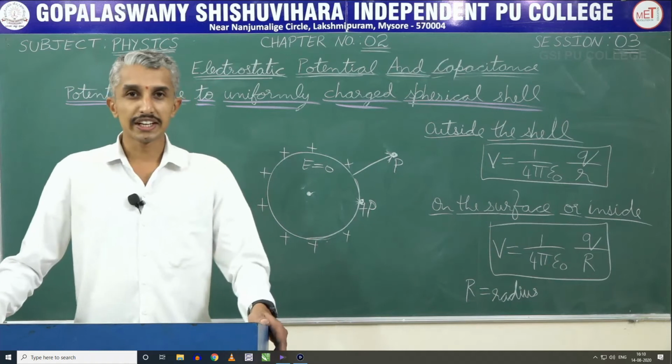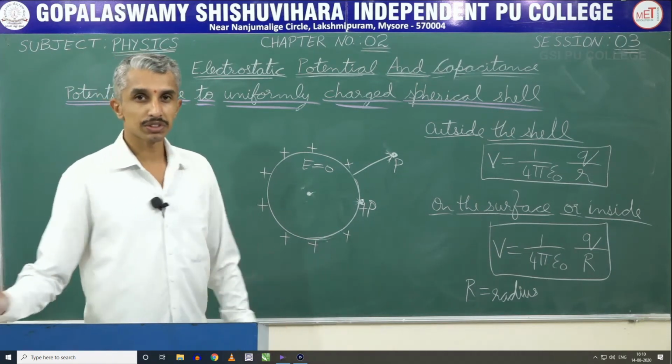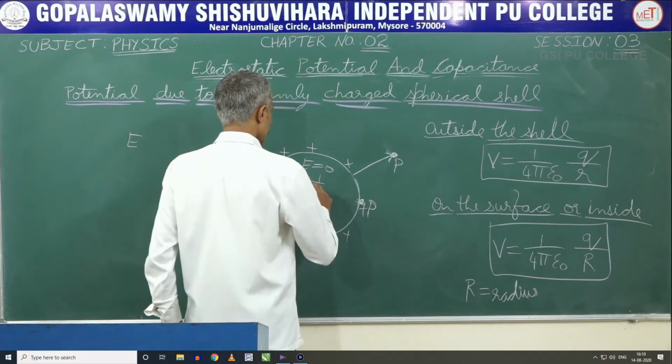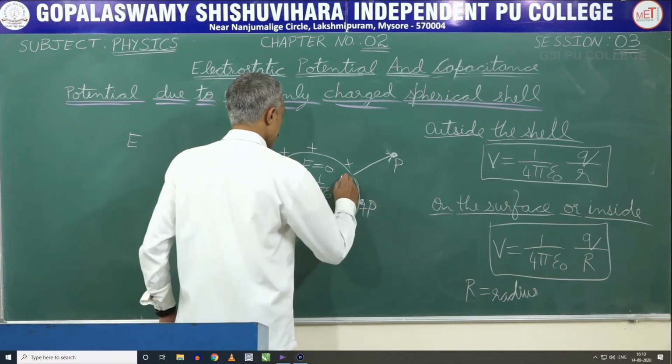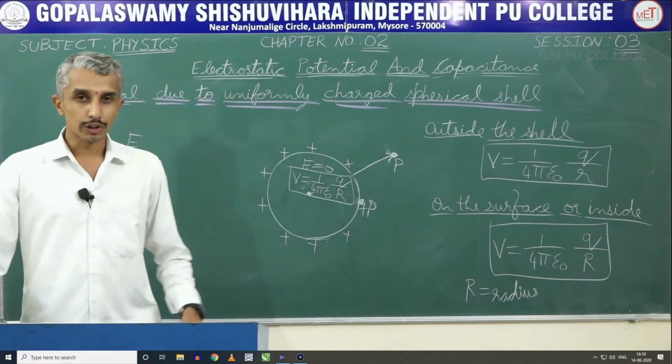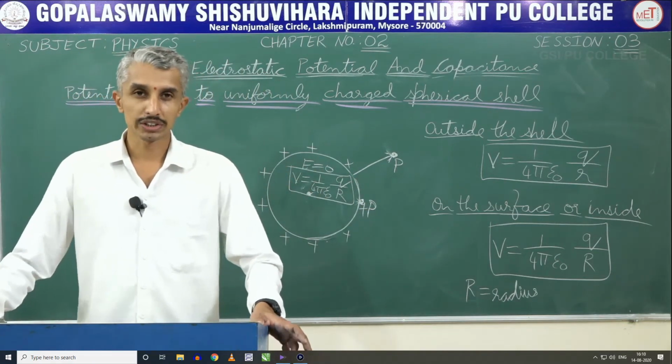The potential inside a charged spherical shell is not going to be 0, it is going to be the same as on the surface, 1 by 4 pi epsilon naught into Q by R. The field may be 0, but not the potential.